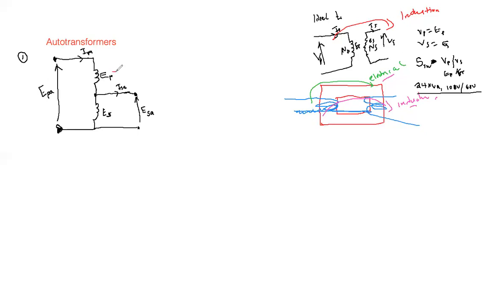Here, this EP is represented as the series EMF. And then this one is represented as the common EMF. Now here we have a current that will be flowing. This is the positive side, that is the positive side of this one.